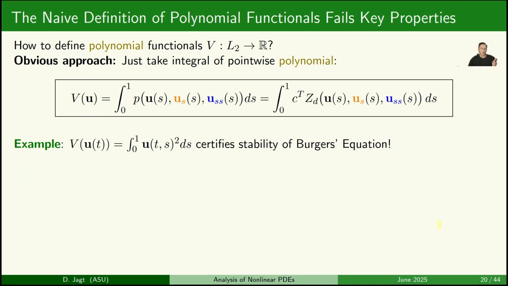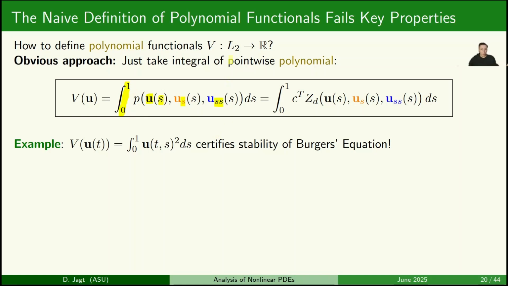Well, the obvious approach is to just take an integral of pointwise polynomial combinations of the function u and its spatial derivatives. So for example, we can evaluate the function u and its spatial derivatives at some point s in the domain, take a polynomial combination of the resulting scalar values, and then just integrate that polynomial over the domain 0 to 1.